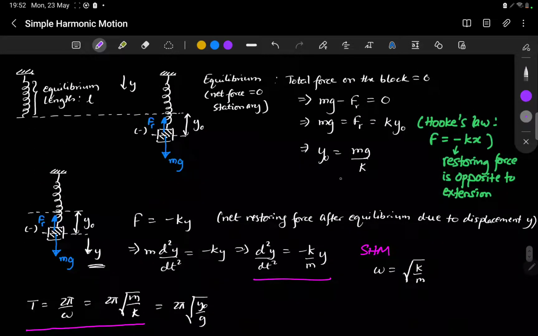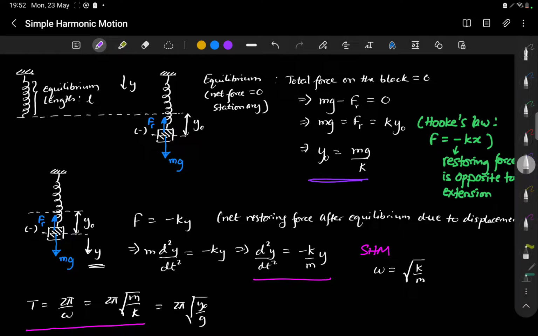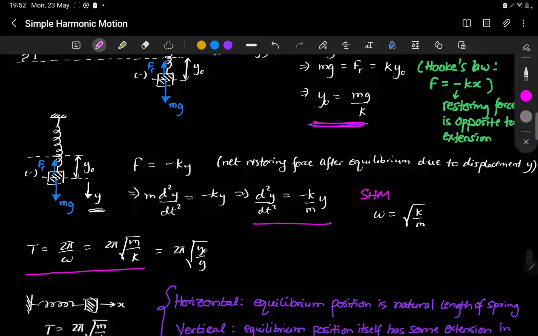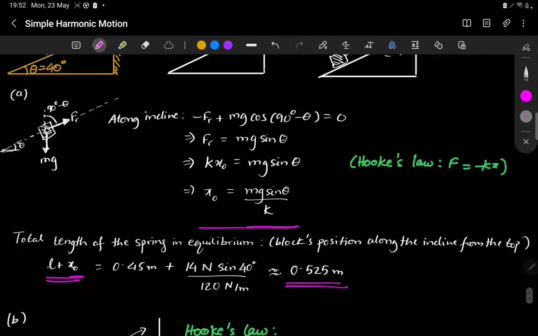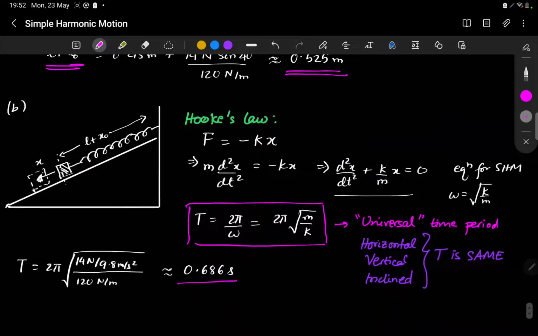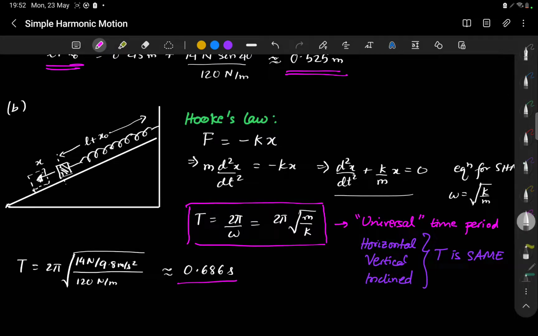So we saw that the equilibrium position was shifted in the vertical case by this much amount, by mg by k. So by mg by k in the vertical spring mass system. In the inclined spring mass system, the extension, the new equilibrium position is mg by k times sine theta. So only the equilibrium position changes, the time period is same in all the three cases.